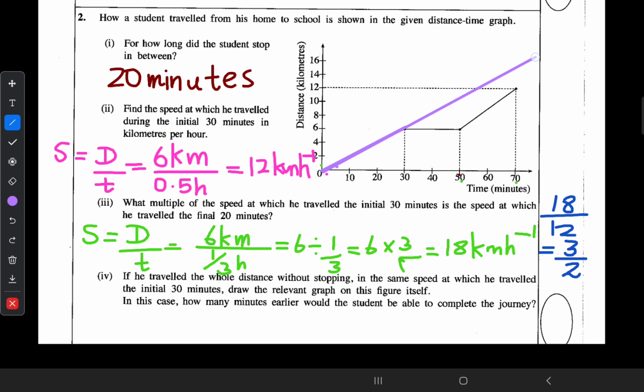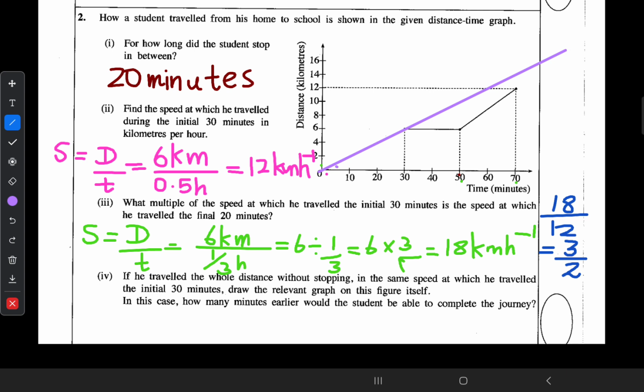That's our question: if he travels the whole distance without stopping, you should extend the same graph like this, up to here. That's the graph you should draw.